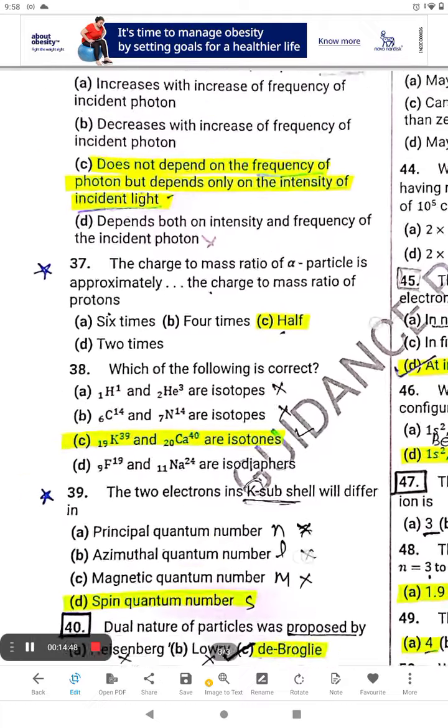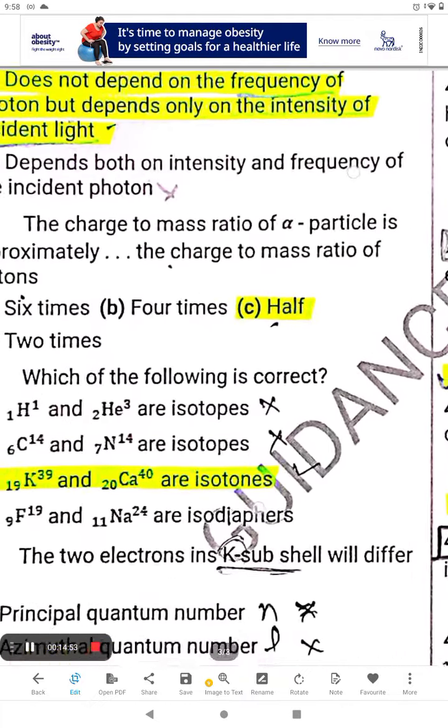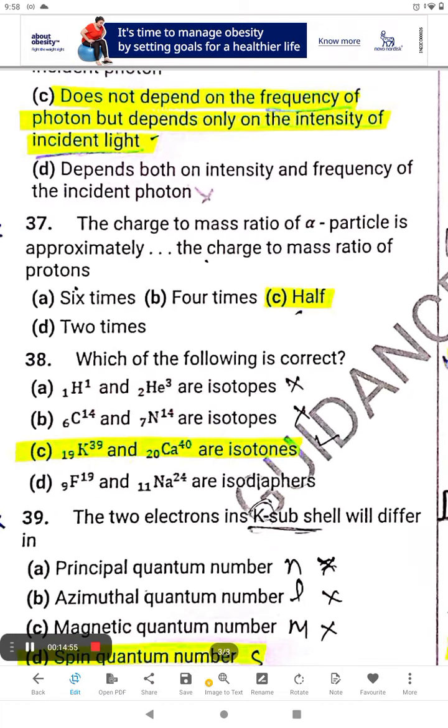Yes, right. So C option is the right answer, because the charge of the alpha particle is plus 2 and the mass is 4, so the charge to mass ratio will be 2 by 4, that is 1:2.